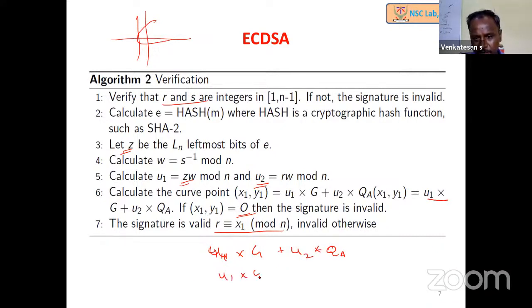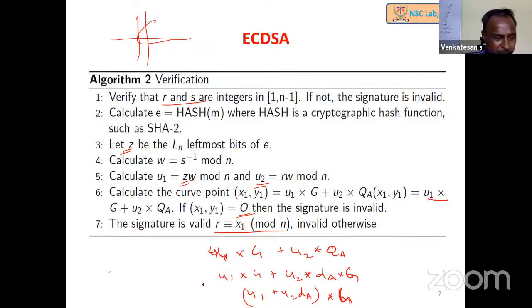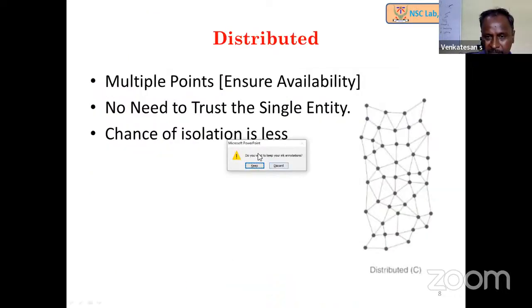This U1 into G plus U2 into QA can be considered as what we have done, dA into G, because this is the public key we have computed, through dA into G. So now we can write this as U1 plus U2 dA, into G. Now, if we go for U1 and U2, see, actually I am unable to write this completely. I can directly take you to Wikipedia.